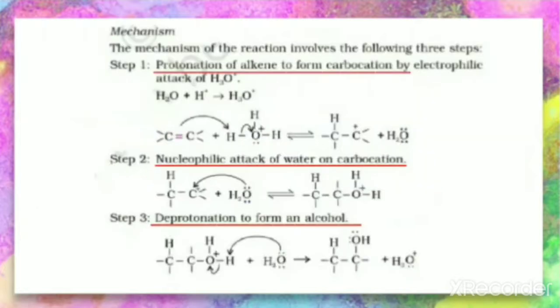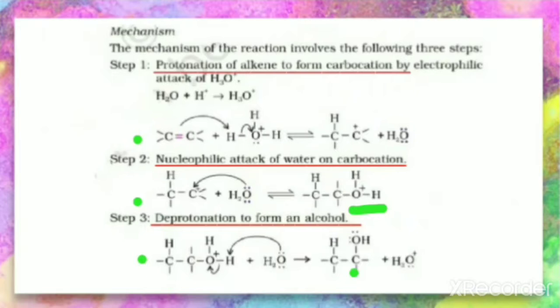So this is all about the mechanism. What are the steps in the mechanism? First step, protonation of alkene, that is first H positive gets added to the alkene. Then there is a nucleophilic attack of water to form a protonated alcohol. Then deprotonation, meaning removal of one proton, so there is a formation of alcohol.